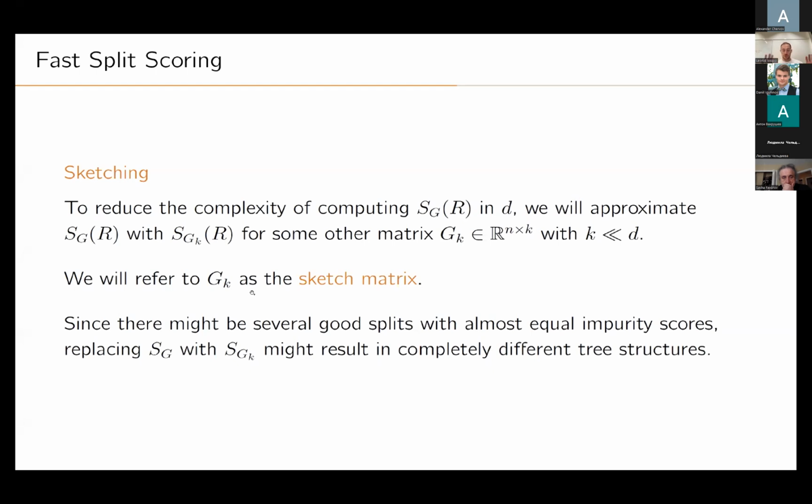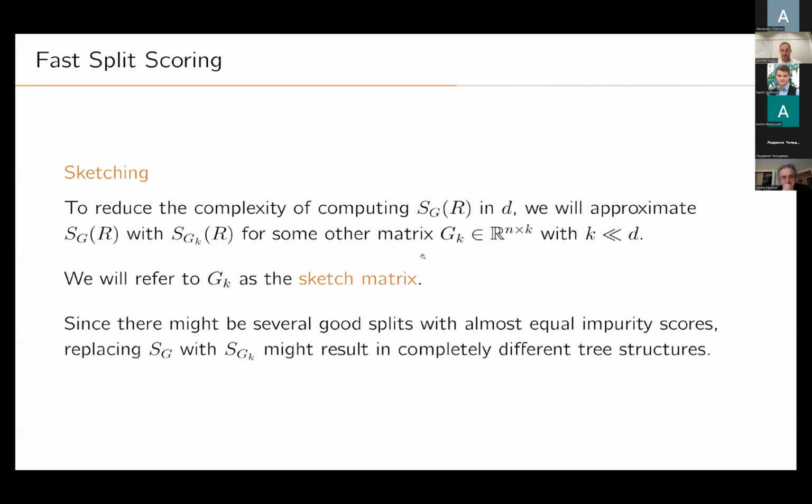Of course, in computational sciences, by sketching people usually mean techniques which require some randomness, and not all of the methods we consider are random. They involve some randomness, but in any case, I think it's a good name to use here, sketch matrix.